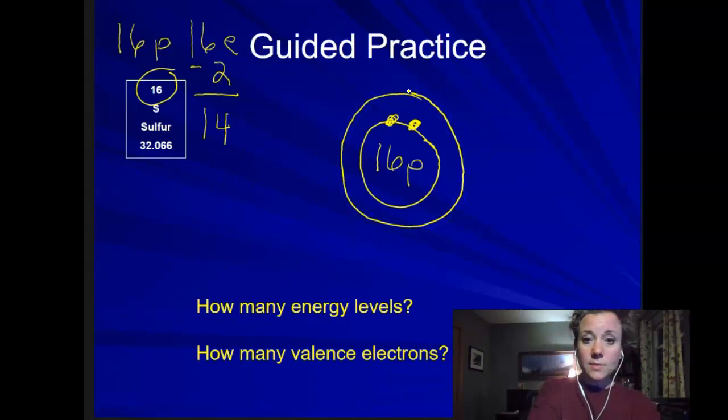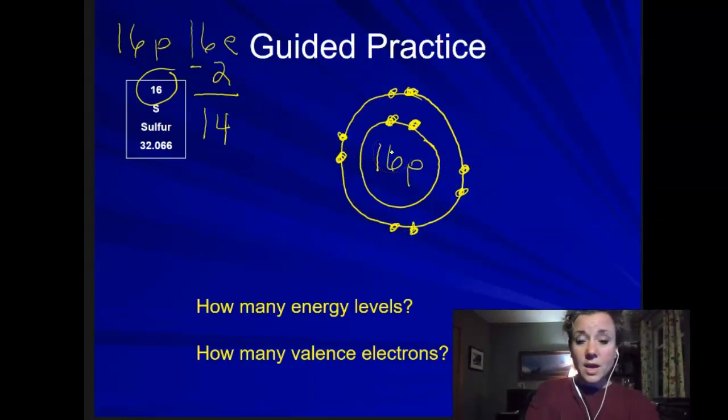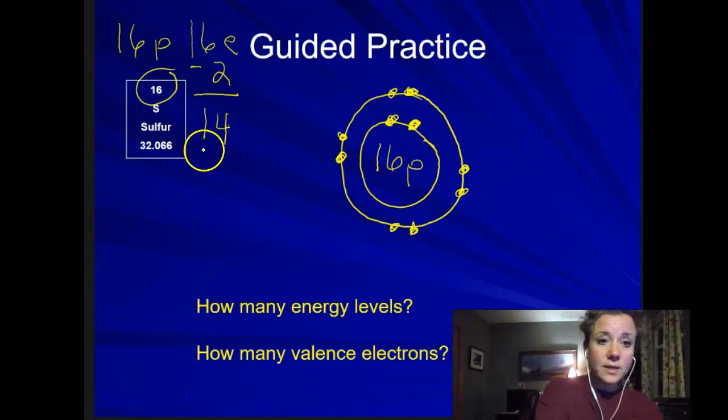And now I'm going to use my pattern, top side, bottom side, to add 8 more electrons. Top, side, bottom, side, top, side, bottom, side. So there, I have 8 electrons in my second ring. Remember that the second ring can hold a maximum of 8 electrons.